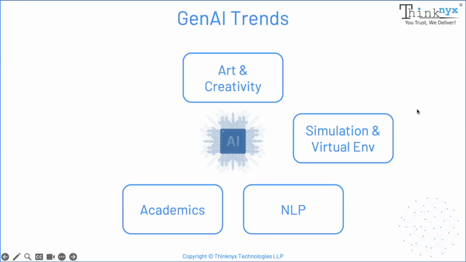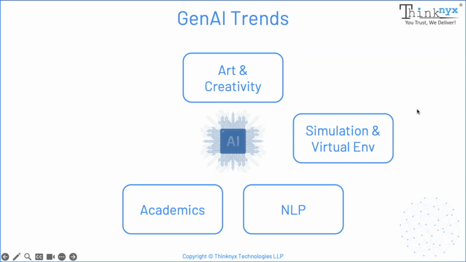Academics. Now, in academics also, generative AI is making things much faster. When you talk about it, the education system is always very slow, especially in our country. To put in a new subject, to create the entire content, to create the chapters, to create the examples is very tough. With generative AI, you can do that.